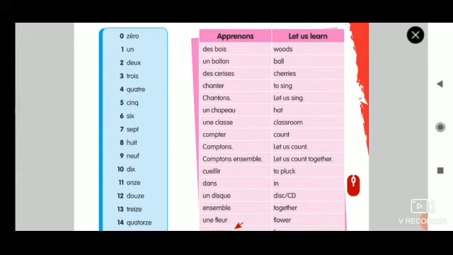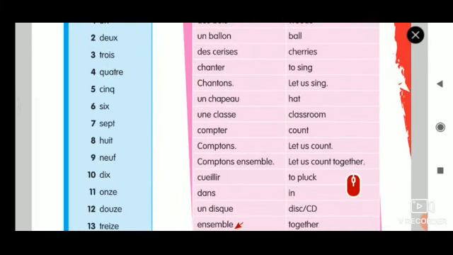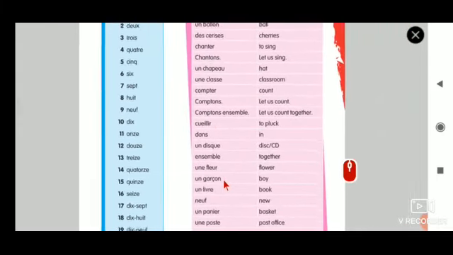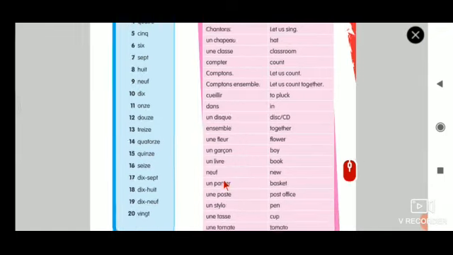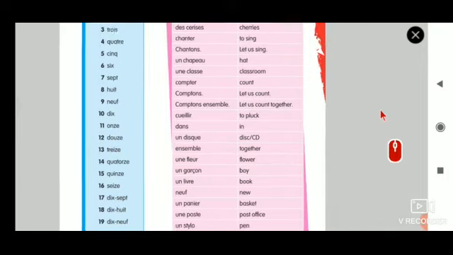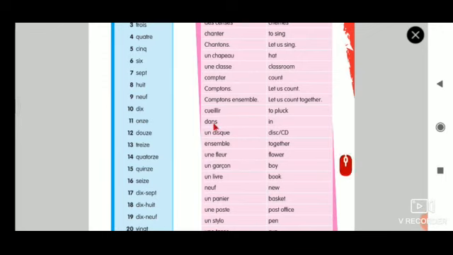Okay, the next word is cueillir. Cueillir, to pluck. Okay, next word. Ensemble. Where is ensemble? Here, together.